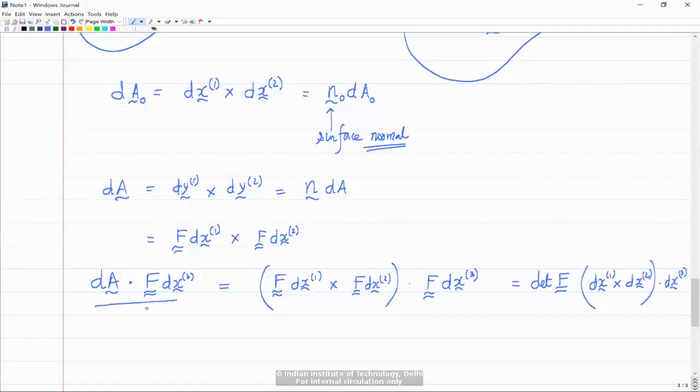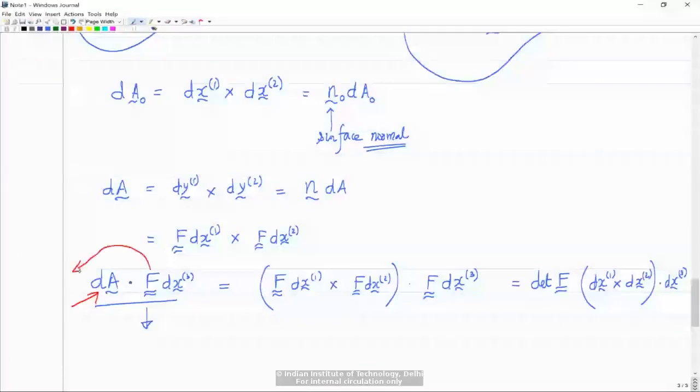But this thing over here, you see what do we have here? dA is a vector, and it is dotted with a tensor times dx. So if I bring this tensor on the other side, what is going to happen? That's going to become transpose, no?